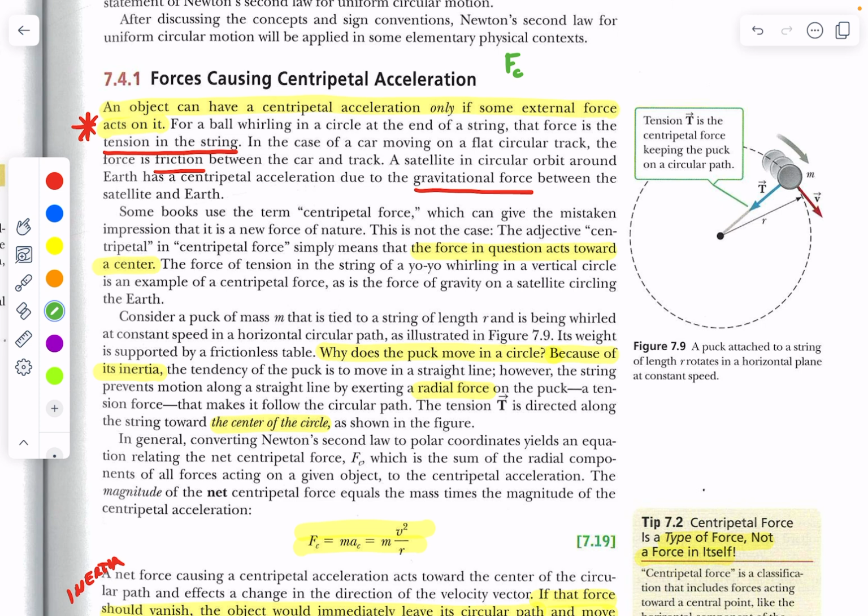So in the example over here, my centripetal force is the tension. And I'll do F sub t for the force of tension in this example. Or if this object happened to be a planet, then what's holding it in place would be the force of gravity. In that case, my centripetal force is the force of gravity.